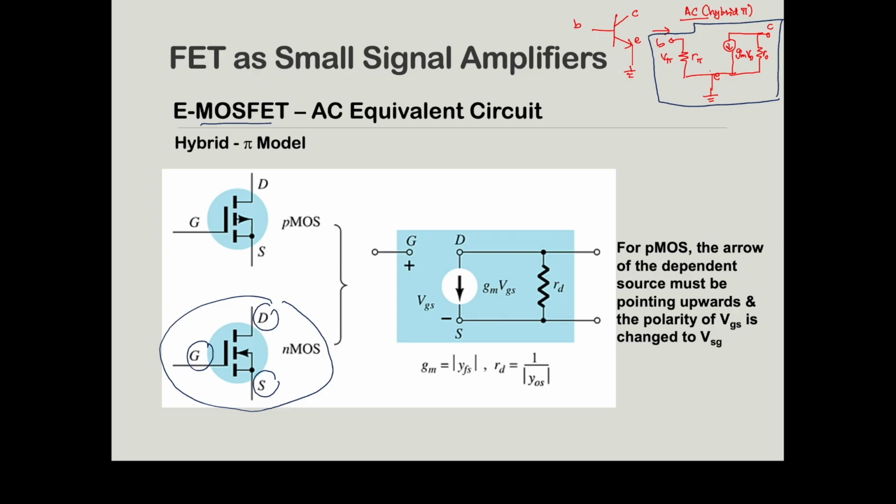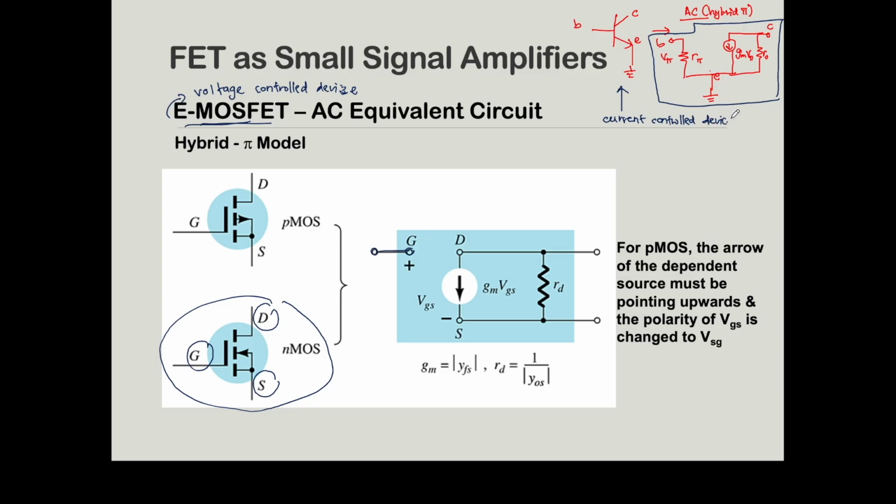So for the hybrid pi model, at the gate, always remember that the MOSFET is a voltage control device, whereas the BJT is a current control device.